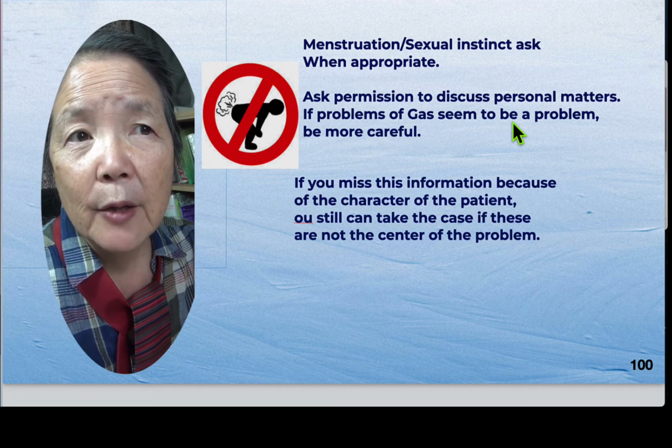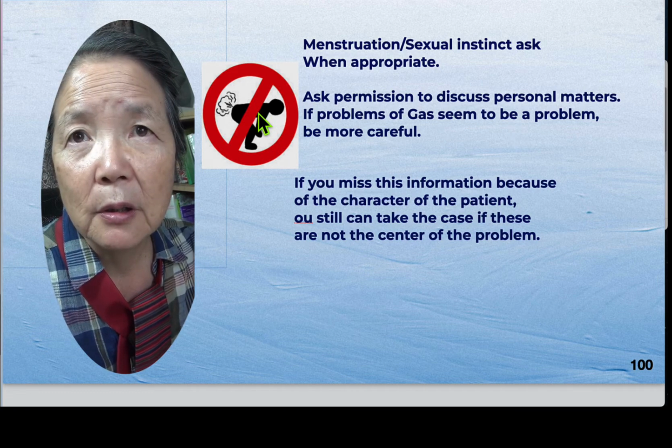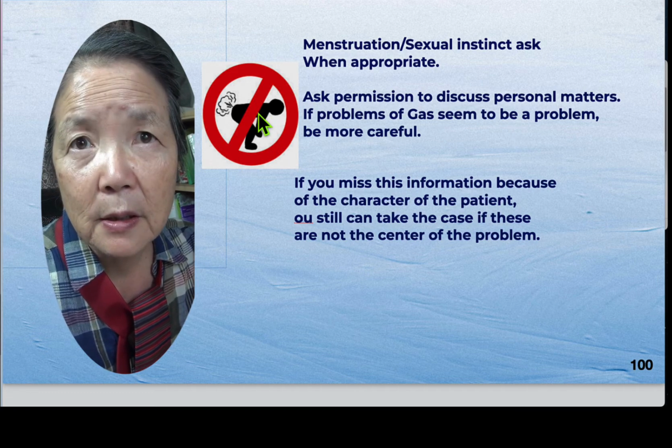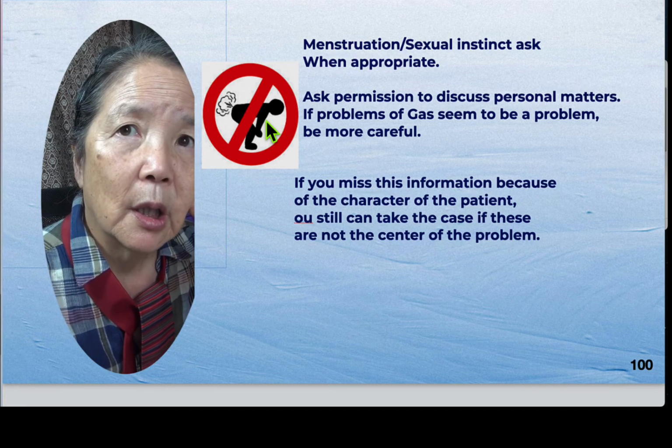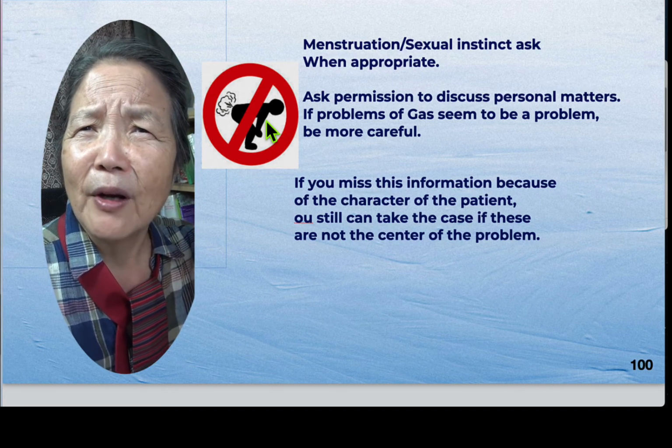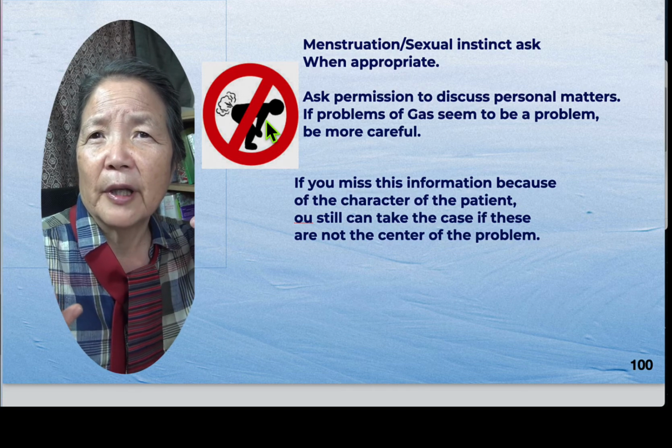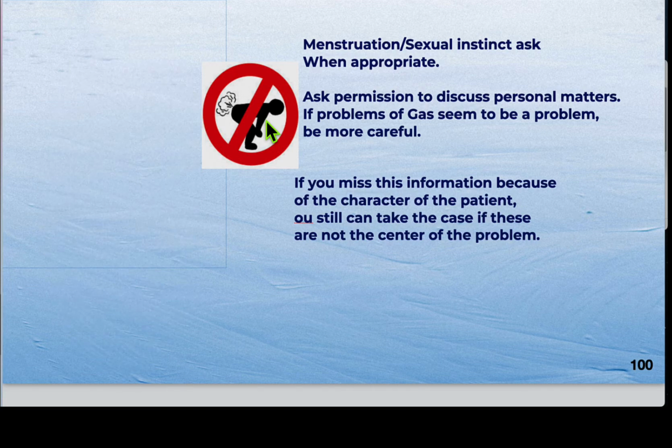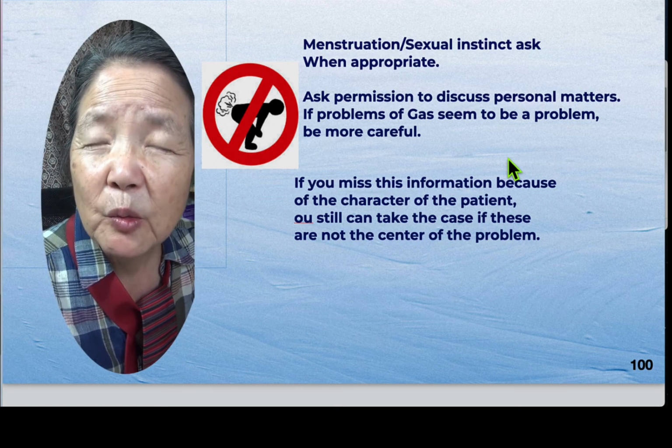For instance, when you mention fart or flatus to the patient, if that brings a very embarrassed, withdrawing reaction, probably sexuality also will bring a similar kind of reaction. So in that case, I advise you to be careful. You might want to ask for permission, or you just might want to skip it.